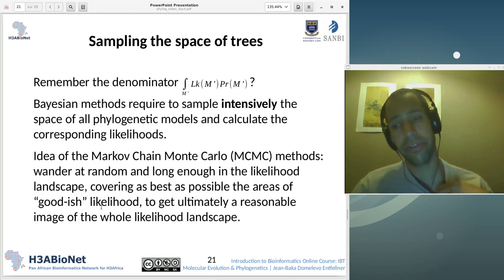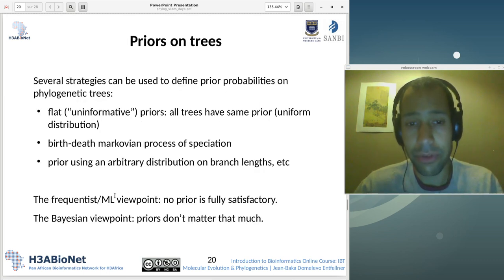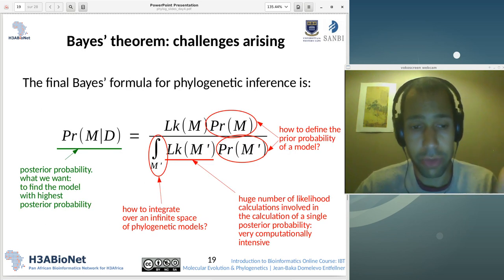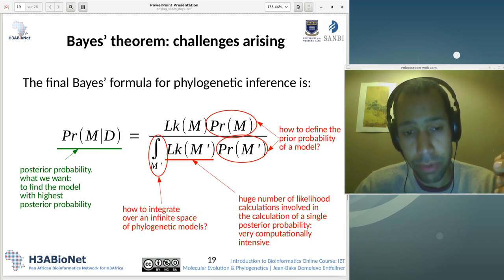And other problem, sampling the space of trees. Because we don't know how to calculate infinite sums with a computer, we can only calculate finite sums, so we'll have to try and sample the space of possible models.